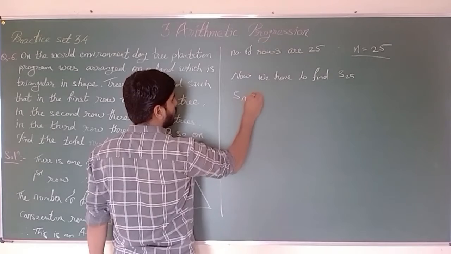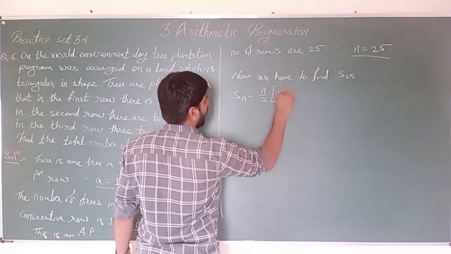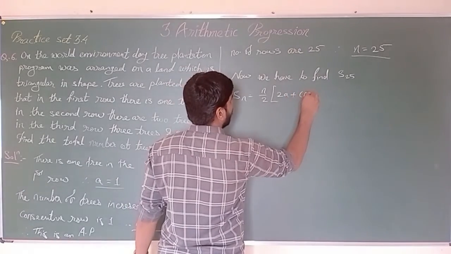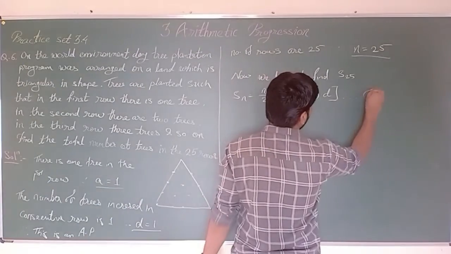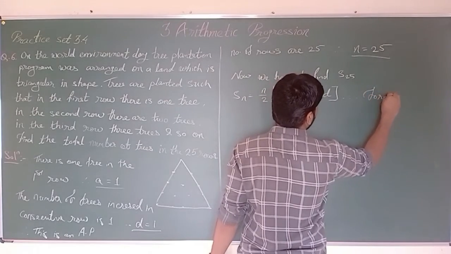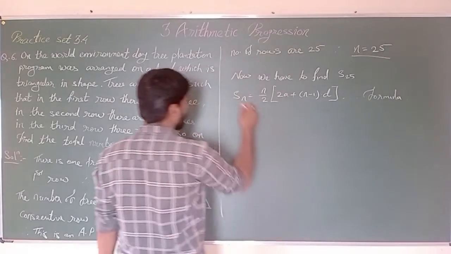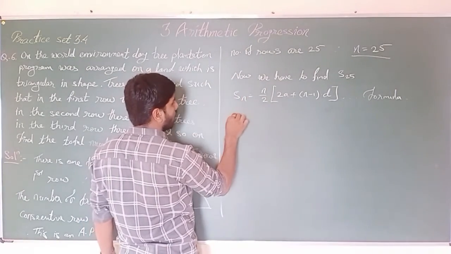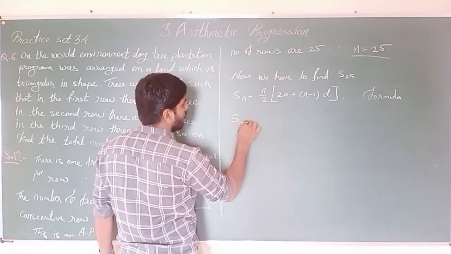Therefore, Sn is equal to n upon 2 into 2a plus n minus 1 into d. So this is the formula. I will substitute the values. The value of n is 25.